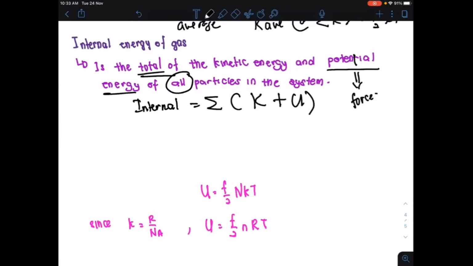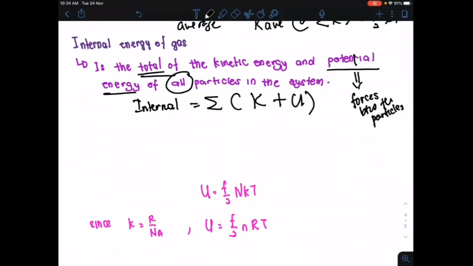Potential energy yang kita dapat untuk particles adalah due to the forces between the particles. However, if you remember, berdasarkan assumption of kinetic theory of gases, one of the assumptions yang kita buat adalah there is no force existing between particles.